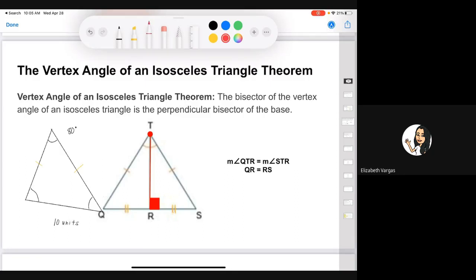What this is saying is that if I see a bisector of that vertex angle, not only will it cut this angle into two congruent halves, so 40 and 40, it would also cut that base into two congruent halves, so this would be 5, and this would be 5 units. So that is what the vertex angle of an isosceles triangle theorem states. Okay.